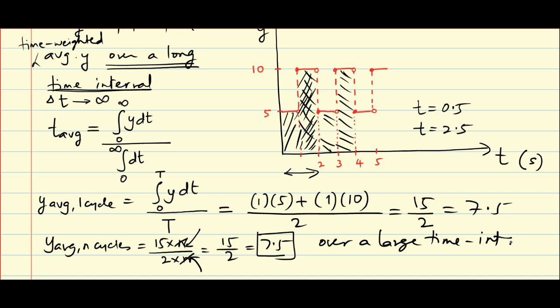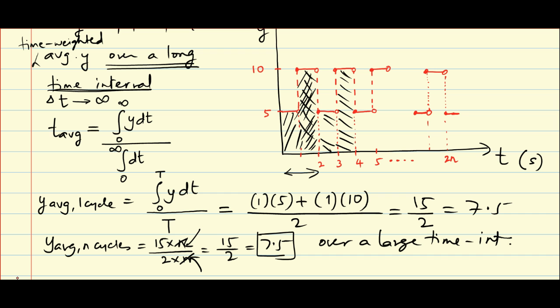So it does not matter whether you calculate the average over a large time interval or over one cycle. The average value seems to be the same. The one cycle seems to represent the entire process, howsoever large a time interval you take.